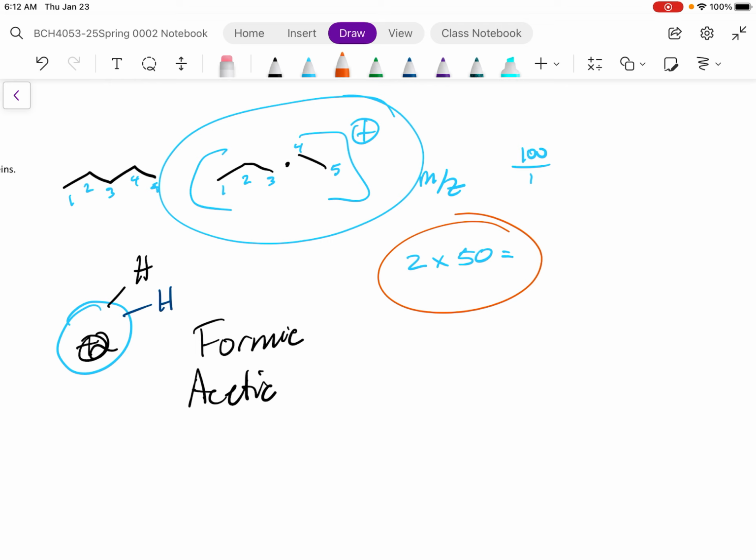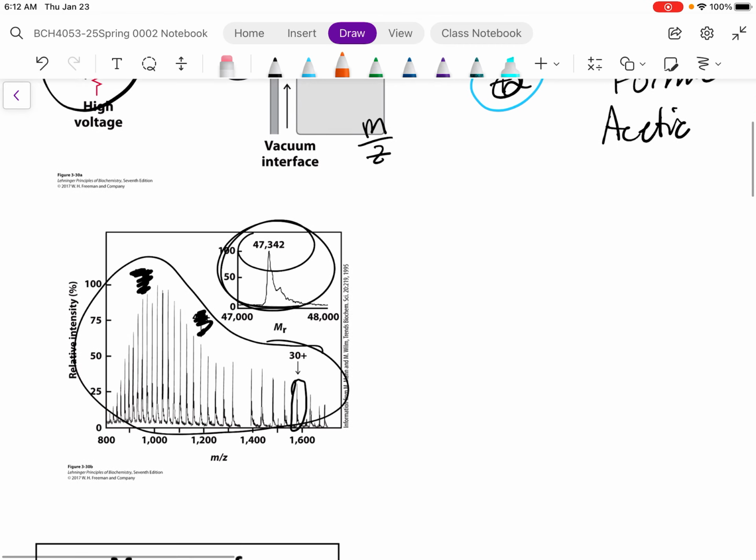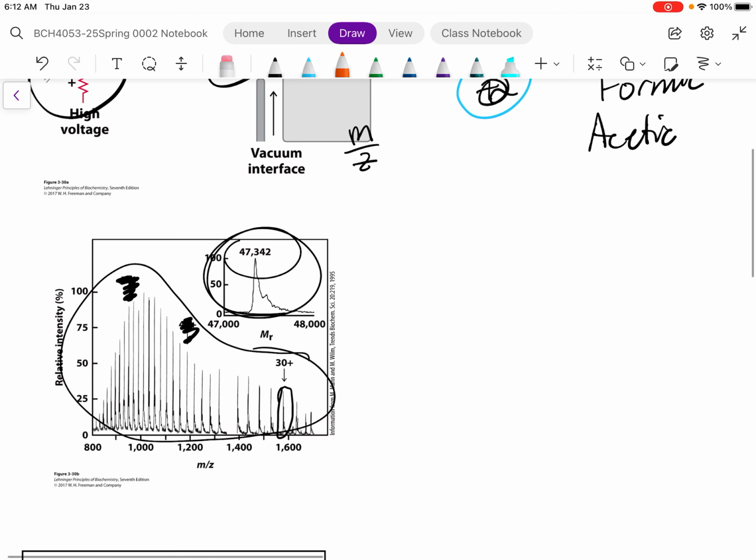So once we see the m over z, we just multiply the mass that we see by the charge, and then we get the total mass. But that cannot happen with a protein. Any idea why we can't just look at this signal?